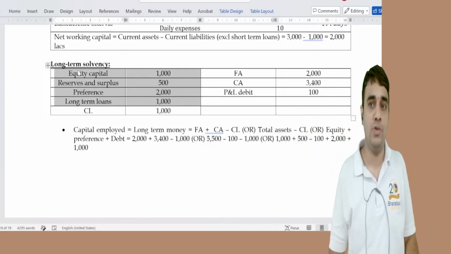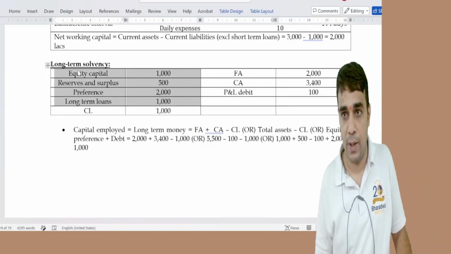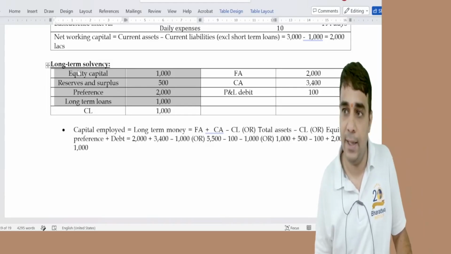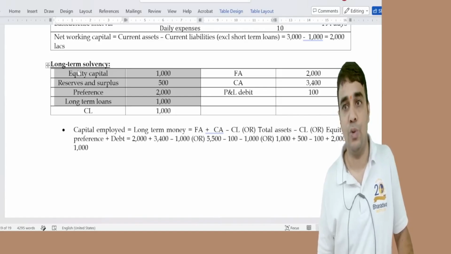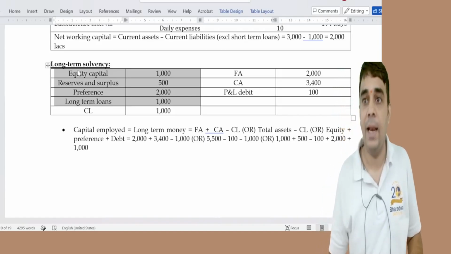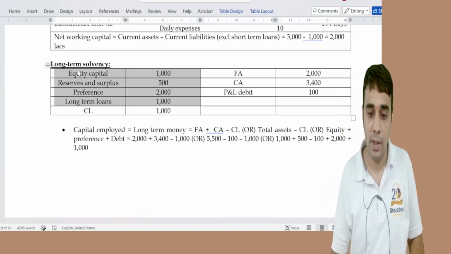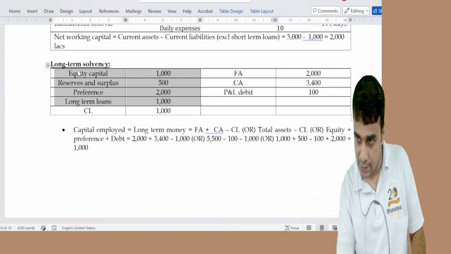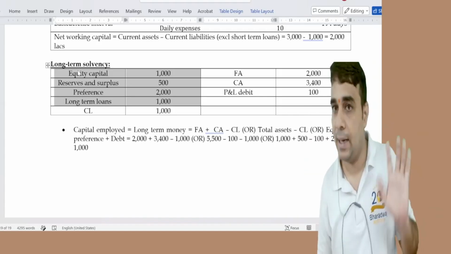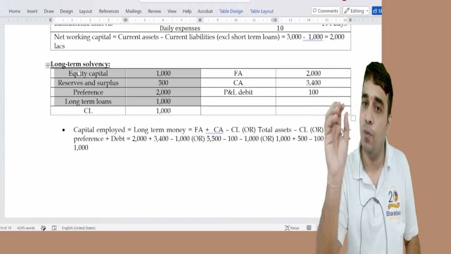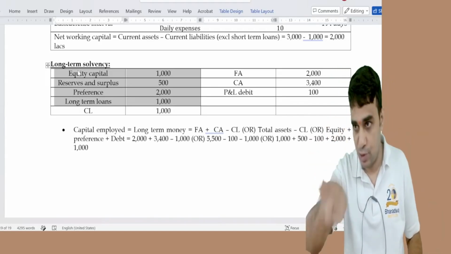Which route will I use? I don't know. I may use either of the routes, sometimes the liability side route, sometimes the asset side route. Take the total of all assets, remove the fictitious one and deduct the current liability. Or do fixed assets; if investment is there, investment is also to be added in the formula.